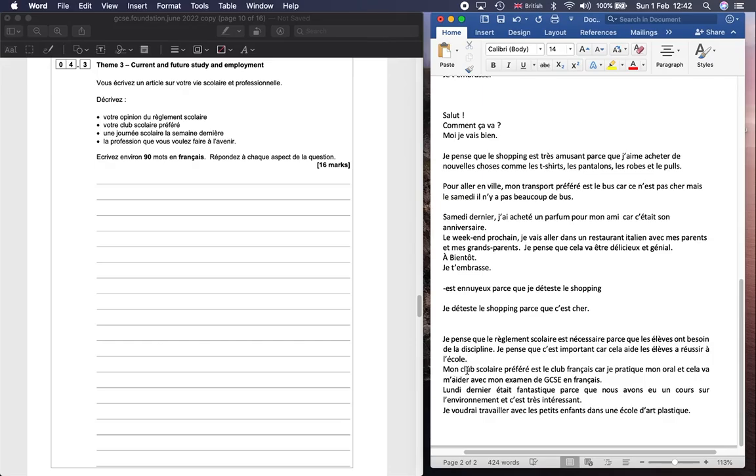So mon club scolaire préféré est le club français car je pratique mon oral et cela va m'aider avec mon examen de GCSE en français.